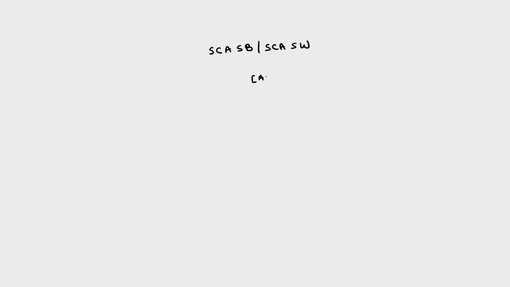In the earlier comparison, SA and DA contents were compared, whereas here, if it is byte, the contents of AL will be compared with DI. If it is word, then the contents of AX will be compared with DI. The destination is by default DI.